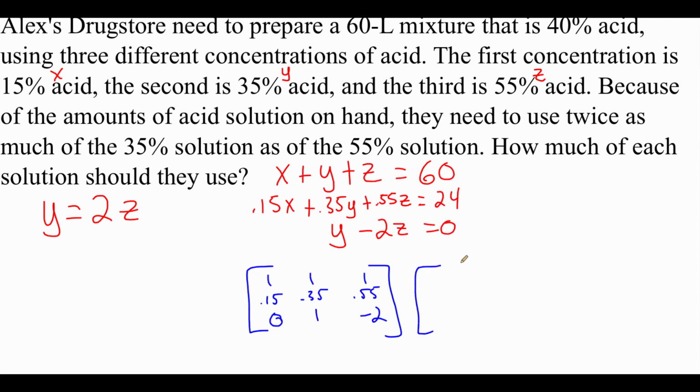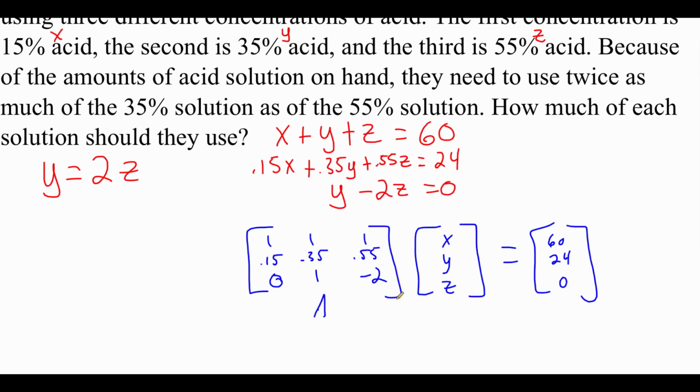In our variable matrix, we've got x, y, and z. And then in our answer matrix, we've got 60, 24, and 0. So this is our A matrix, this is our X matrix, and this is our B matrix. Remember, to solve to get X, we want to do the inverse of A times B. And I'm going to use my calculator to help me out there.